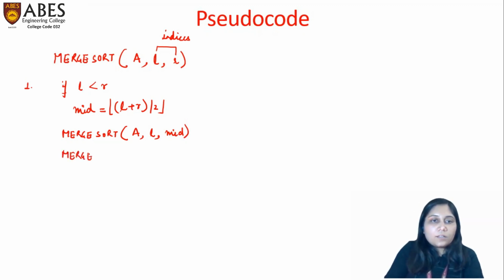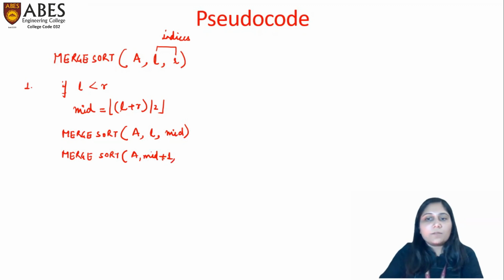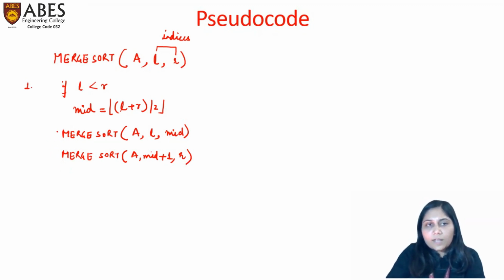For the right part, I call with mid plus 1, because I have to start from the next index after mid until right. This is a recursive call; recursion is happening over here. And at last, after these two calls run, I write the merge. For merging, I need A, L, the midpoint, and R.